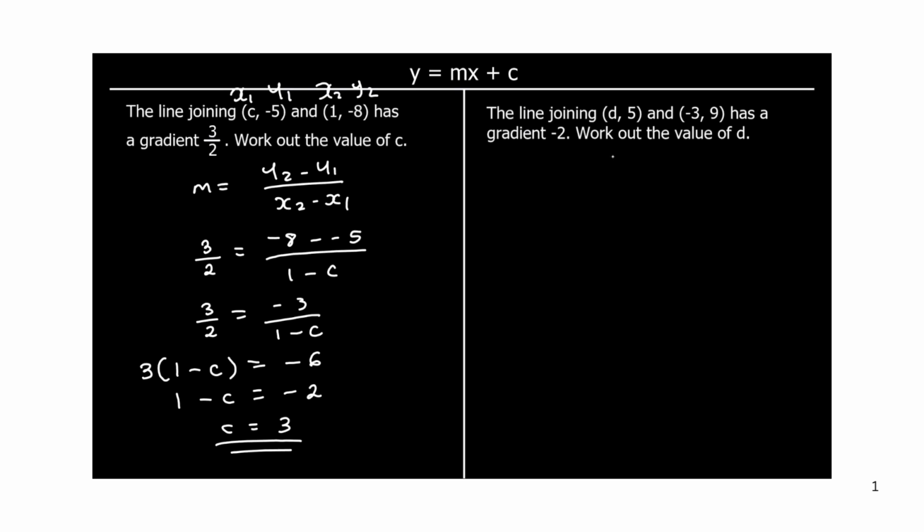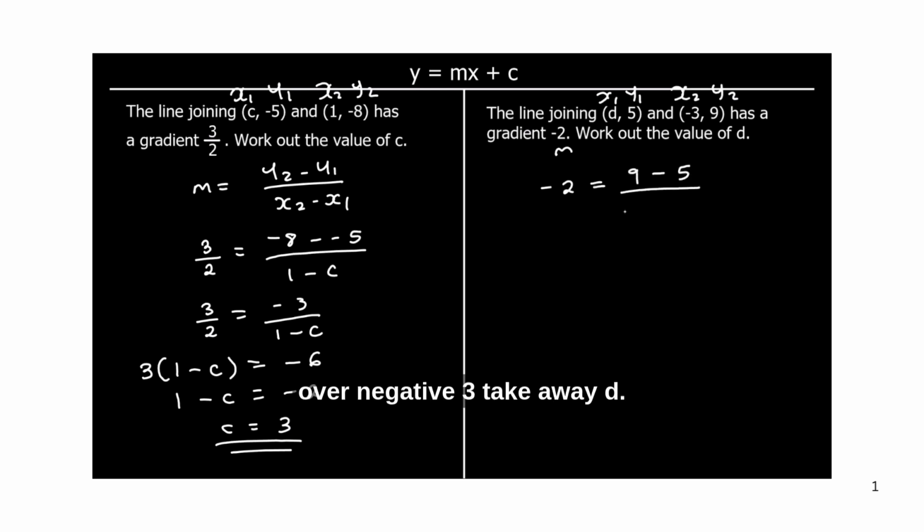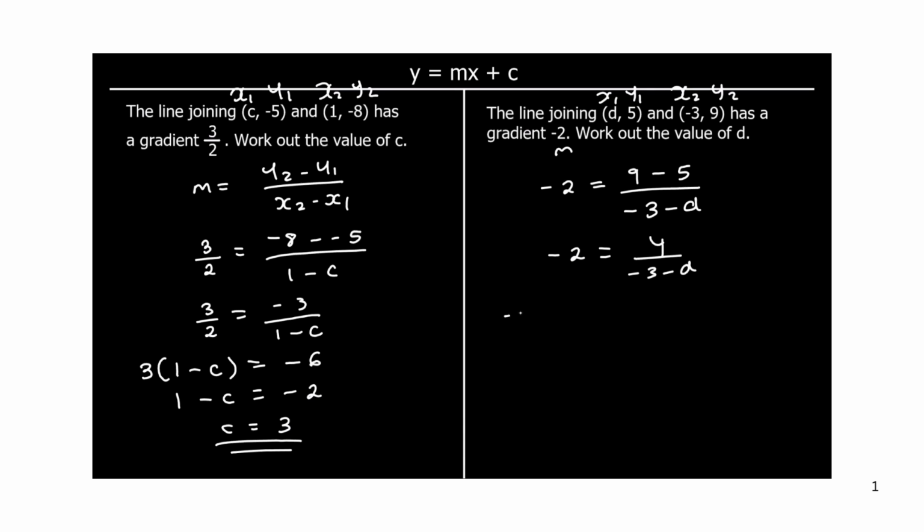So we've got m, x1, y1, x2, y2. So negative 2 is equal to 9 take away 5 over negative 3 take away d. So it's 4 over negative 3 take away d, times both sides by negative 3 take away d.